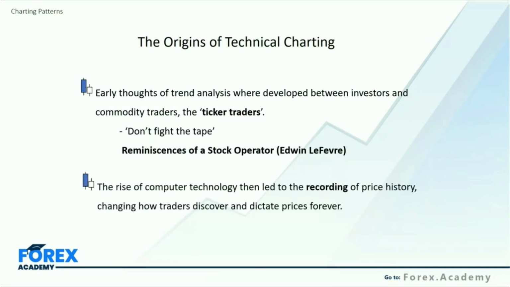Now we have seen obviously the rise of computer technology. Everything is traded online at the moment, but with the rise of the machines, I suppose that's really led to the recording of price history, really from the 1970s and 1980s onwards. But what that did is actually change how traders discover and dictate prices.